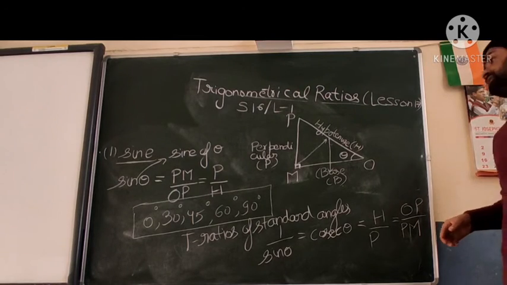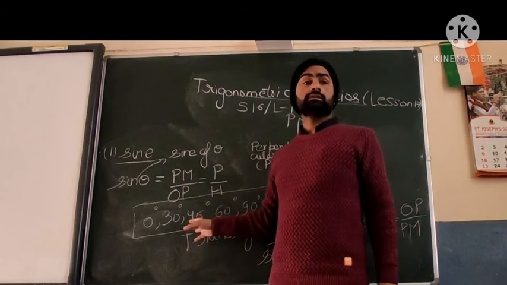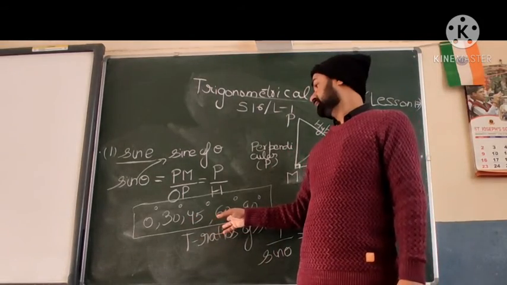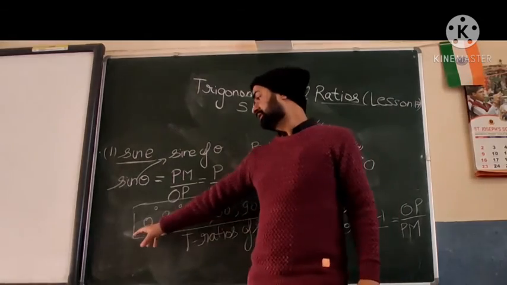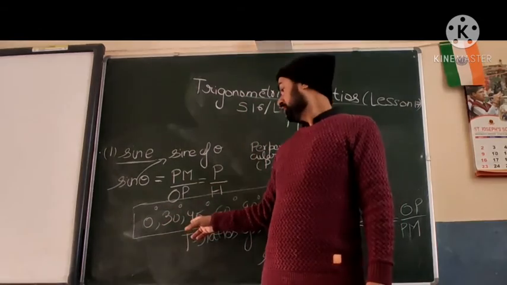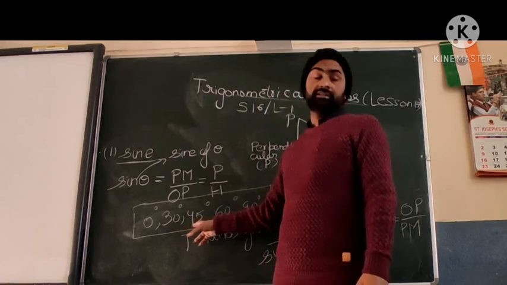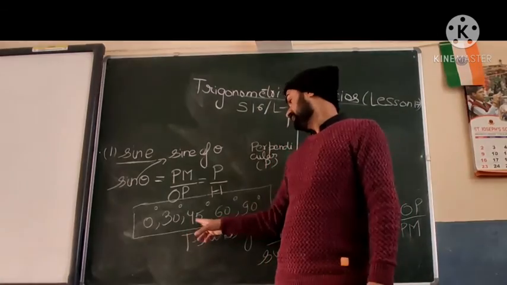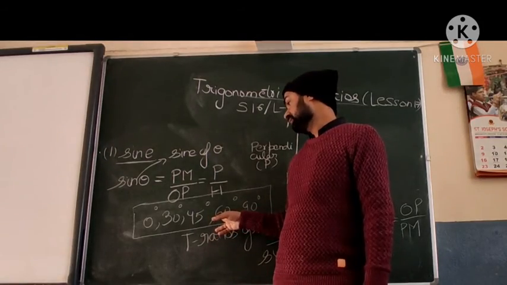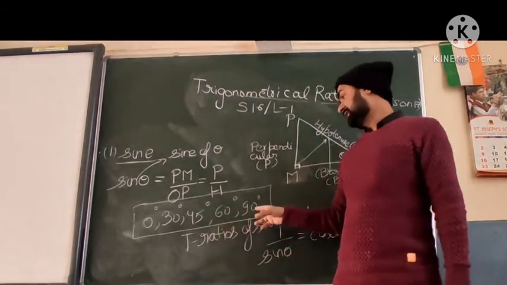Then sine 45 is 1 by root 2. Sine 60 is root 3 by 2, and sine 90 is 1. So this is 0, this is 1 by 2, this is 1 by root 2, then this is root 3 by 2, and sine 90 is 1.